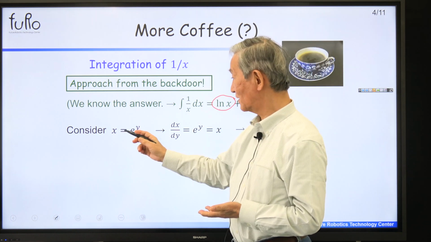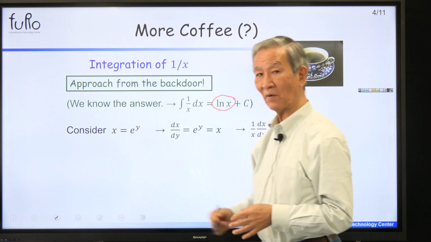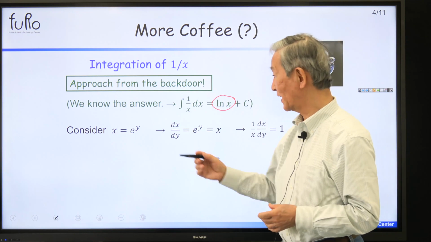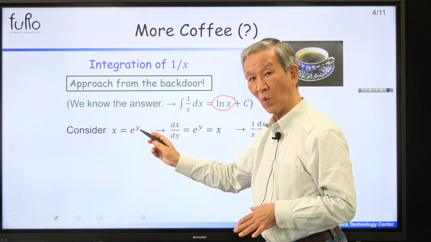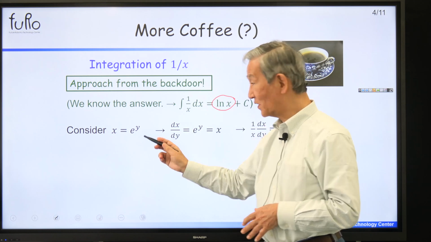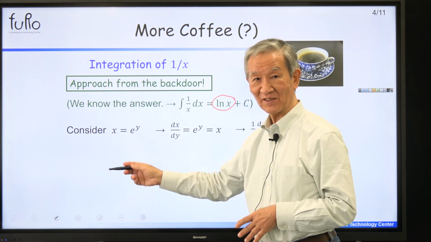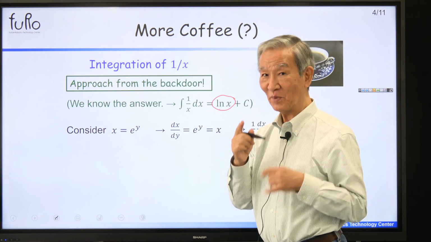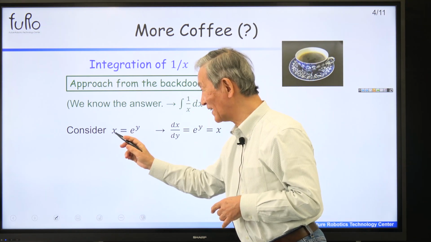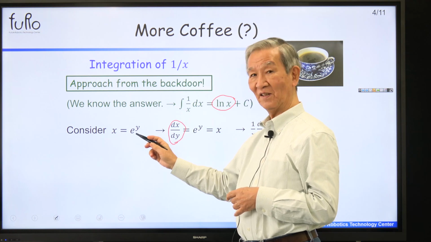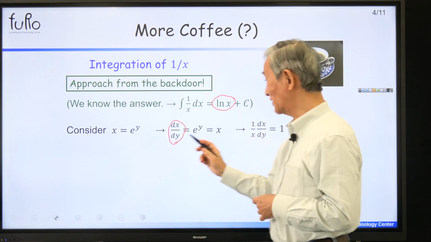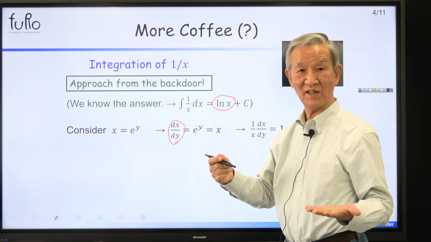x, let's set x equal to e to the yth power. Then what's going to happen is that you differentiate x in terms of y, you're not differentiating y in terms of x, so be careful. You are differentiating x in terms of y. Then e to the y differentiated in terms of y is e to the y, because it doesn't change, right?